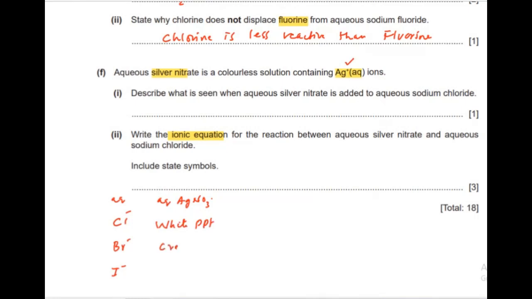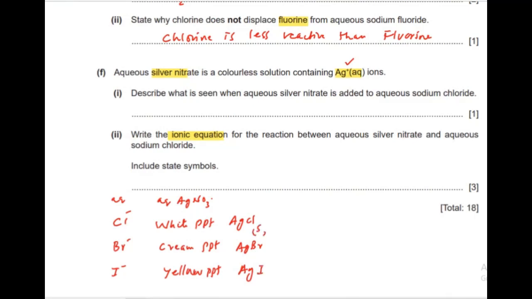In the case of bromide, green precipitate. In iodide, yellow precipitate. So aqueous silver nitrate is used to test the presence of chloride, bromide, or iodide in aqueous solution. The formulas of these precipitates are silver chloride, silver bromide, and silver iodide.